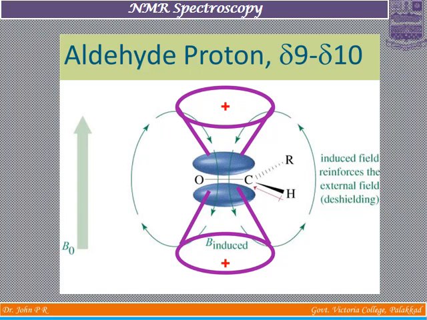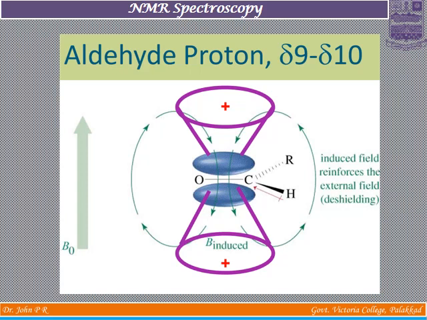So, along with the de-shielding by the electronegative oxygen, the magnetic anisotropic effect also will operate here. See, near the aldehydic hydrogen, the induced field is aligned with the applied field.